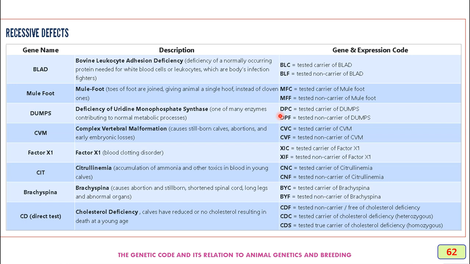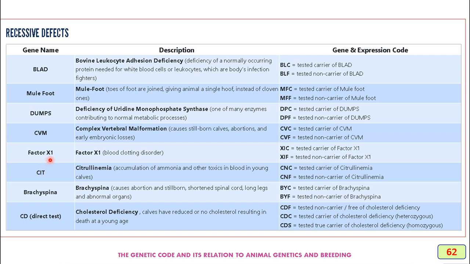Then DUMPS means deficiency of uridine monophosphate synthase, one of many enzymes contributing to the normal metabolic process. Then CVM means complex vertebral malformation. This causes stillborn calves, abortions and early embryonic losses in the animal.